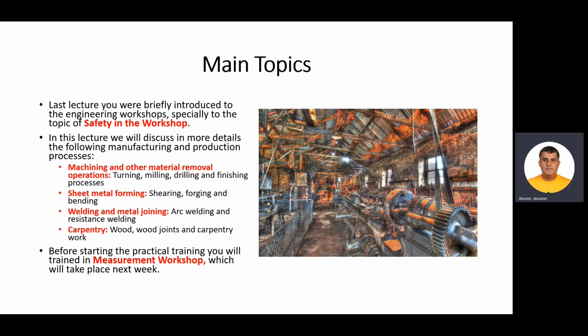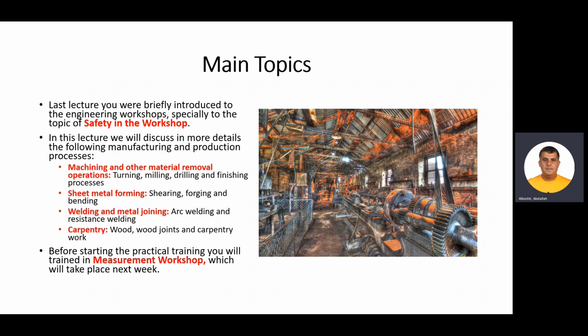Okay, so the main topics you'll find in the manual: a section related to the safety in the workshop, which was discussed when you came to the workshop for the first time.